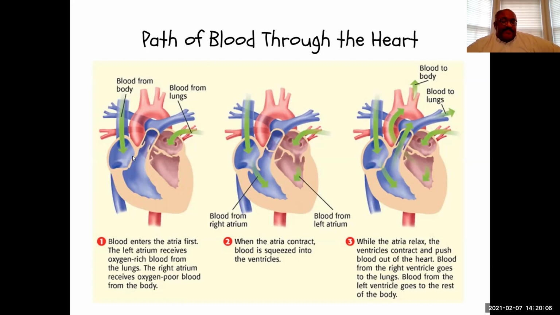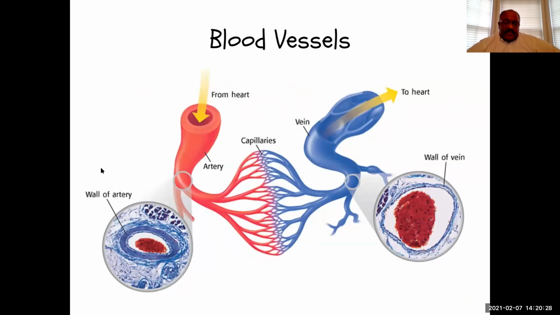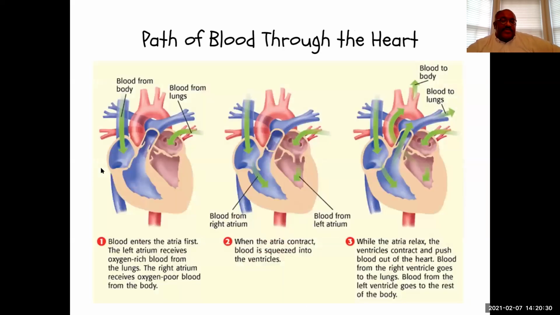Between the right atrium and right ventricle is what's called a tricuspid valve. Due to pressure differentials, which we won't go into right now, the tricuspid valve opens up and shunts the blood from the right atrium into the right ventricle.